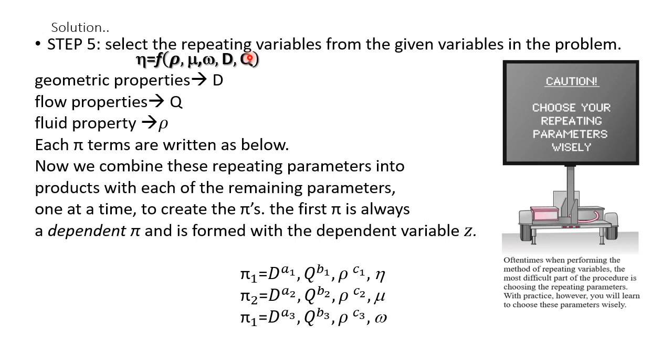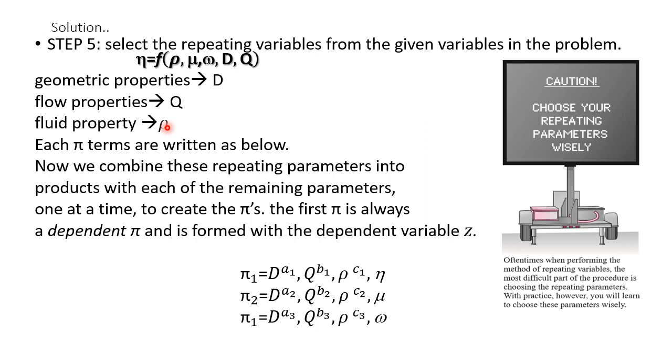I have chosen discharge q. And next is fluid properties. Here I have 2 fluid properties: one is density and the second is dynamic viscosity. Among these two you can choose any one. So now I have chosen 3 repeating variables.